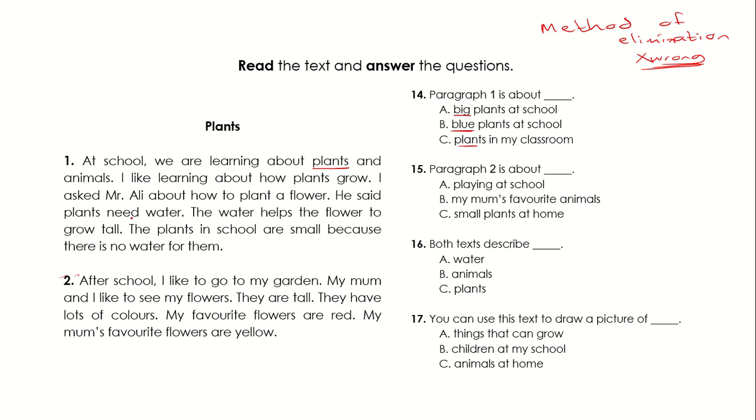He said plants need water. The water helps the flower to grow tall. The plants in school are small because there is no water for them. So we are talking about plants in school, in your class.